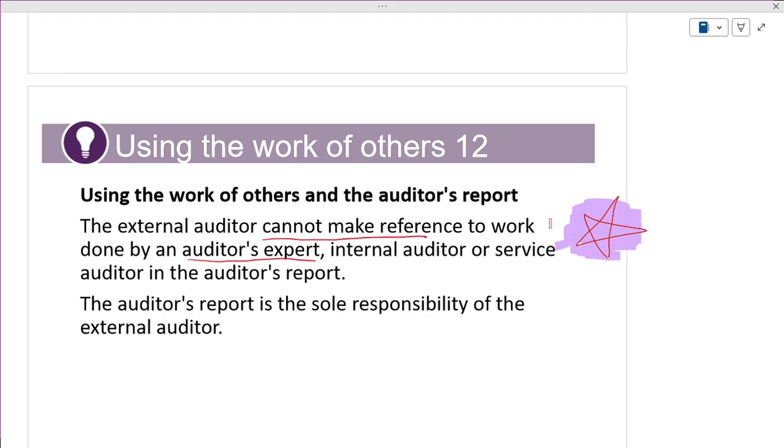You cannot shoulder off your responsibility as an auditor by saying this has been done by the expert. Whatever is done by internal auditors or service auditors, the auditor's report is the sole responsibility of the external auditor.